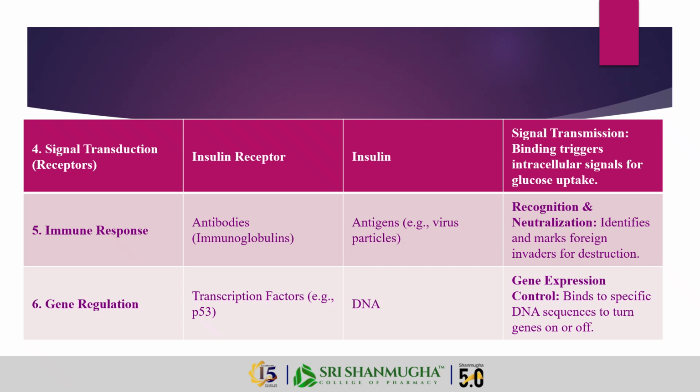Fifth, immune response. Protein example, antibodies, that means immunoglobulin. Ligand example, antigens, that means virus particles. Biological consequence: recognition and neutralization, identifies and marks foreign invaders for destruction.